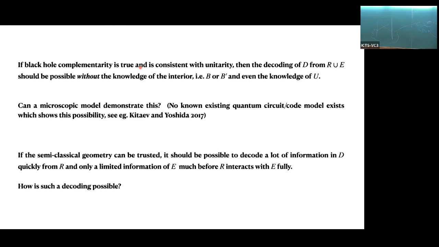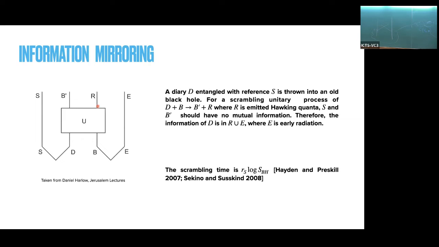Why I discuss it in the context of black hole complementarity is that if black hole complementarity is true and consistent with unitarity, then we should have a much more stringent requirement in this decoding. Because information can be reconstructed completely from the outside, you should be able to decode the qubit without any knowledge of B prime or U, what is happening inside the black hole.